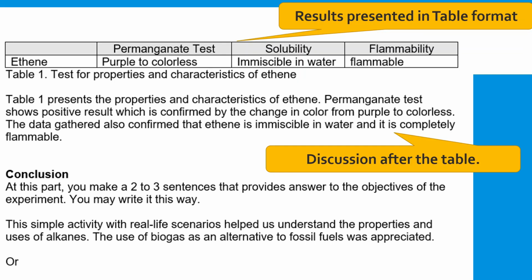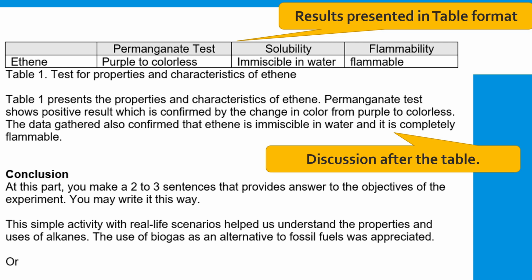Other forms of your result or data ng experiment can be presented in table form. Let's say like this. So, mayroong activity doon na gagawin nyo or papanoorin nyo will be the synthesis of ethene. Ethene is an example of an alkene. So, doon ipipresent sa inyo how it was synthesized or binuo from alcohol.